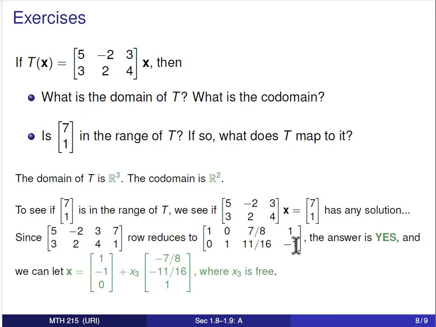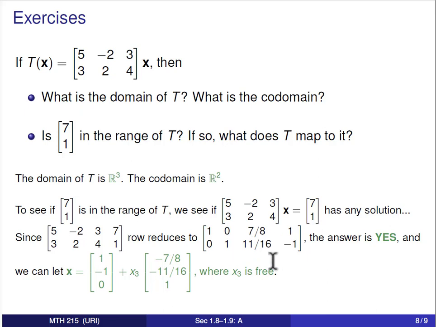Now the point is we needed to find values for x, and x is supposed to be from R3, so it's supposed to have x1, x2, and x3. And we have that. We know what x1 is in terms of x3, we know what x2 is, and we know that x3 is a free variable. So the answer is yes, (7, 1) actually will show up in the range. There is a solution to this matrix equation.